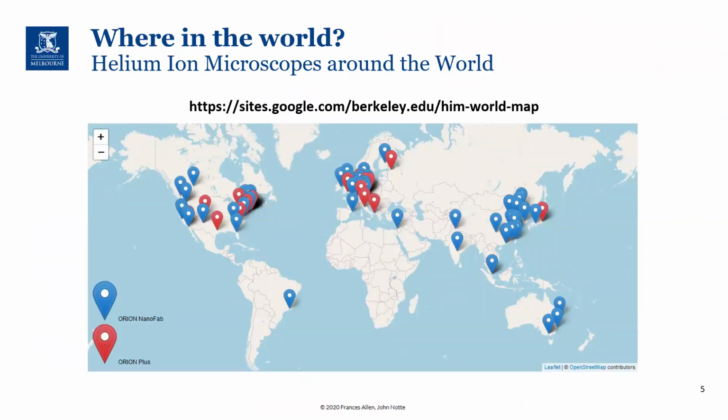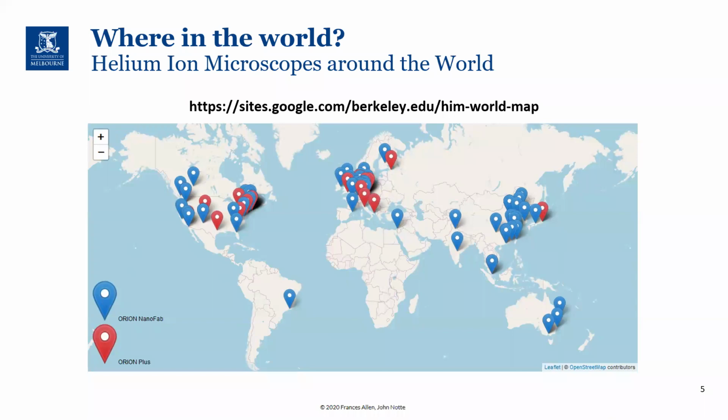It occurred to me while I was putting this together that we do have some international viewers, and we've generated a lot of interest with this particular webinar. So I thought maybe it would be useful to quickly go over where all of the helium ion microscopes are around the world. Including the nanofabs and the Orion Plus, there's a bit over 100 of these microscopes around the world now.